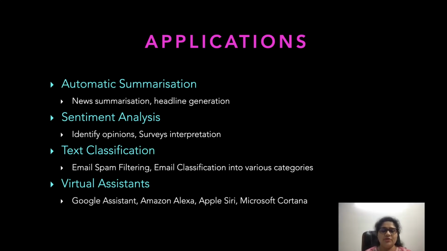So as you can see, the first application we'll talk about is automatic summarization, right? As you can see, some examples I have already written: news summarization or headline generation. So that means out of a big paragraph or a big textual data, the machine can automatically pick up the keywords or the key points and create a summary.